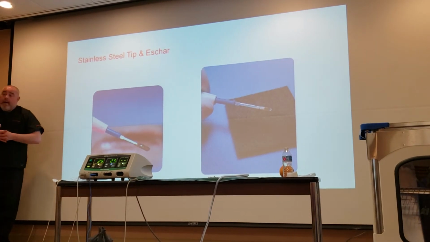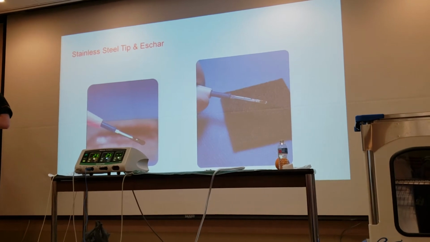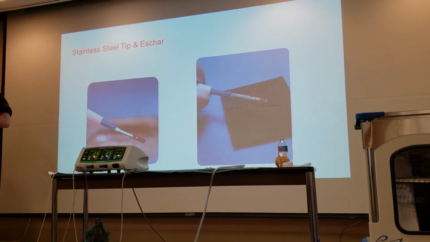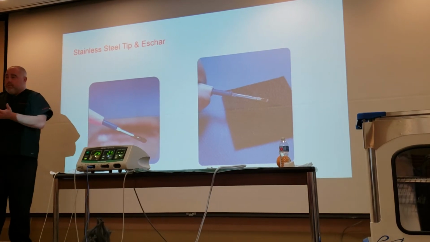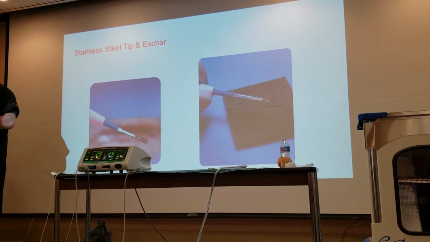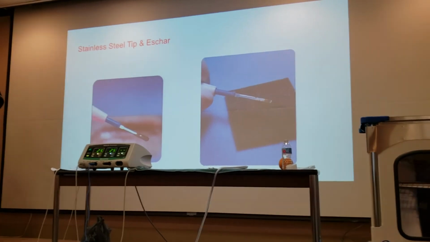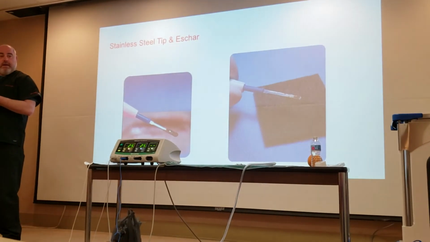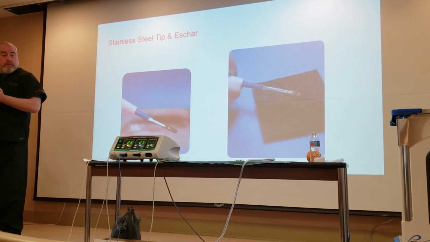For a long time, we had stainless steel tips. Stainless steel is kind of the standard. One of the drawbacks to stainless steel is this eschar buildup, right? You got to use a Brillo pad, scrape that stuff off. And when you scrape that stuff off, you scratch that stainless steel. And when you scratch stainless steel, you've now created crevices where more eschar can build up, correct?